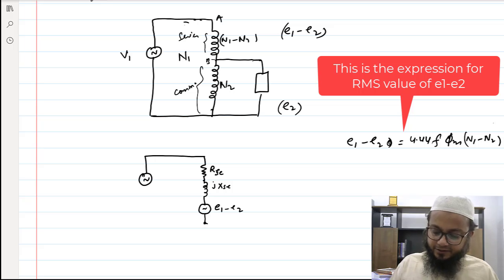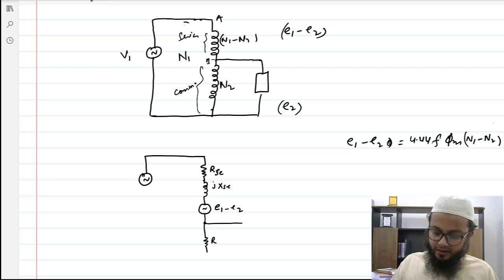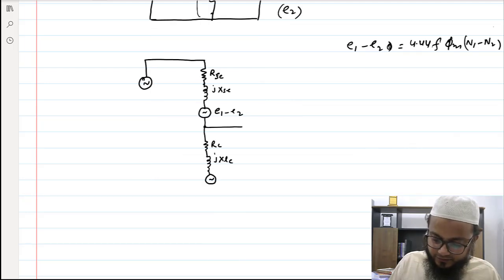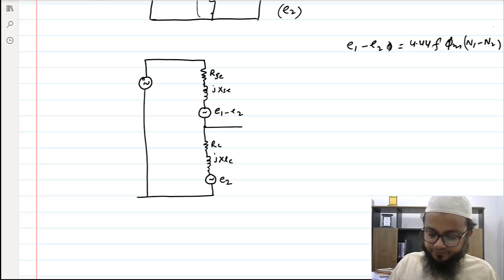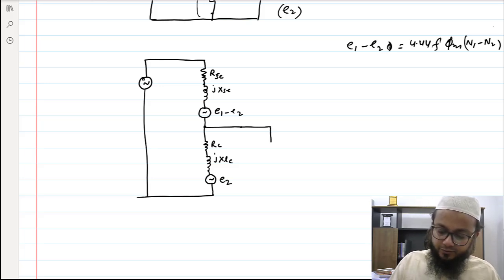And then you have RC for the common winding, and then jXLC, and again a voltage source, right? And this is E2, and this is actually connected to the load.